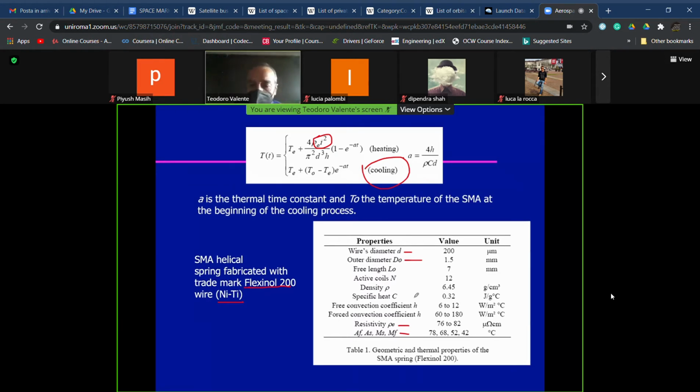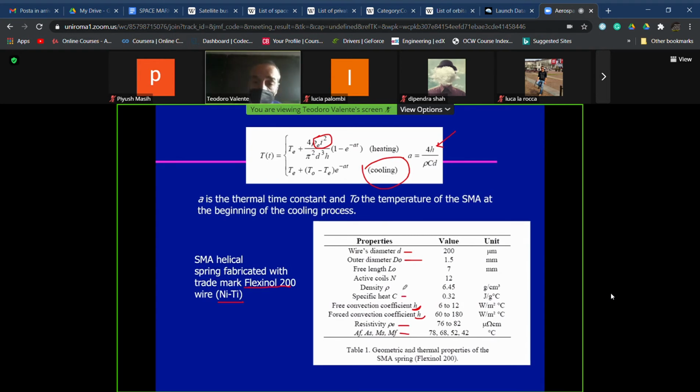And so you have a specific value of H in air, or, in the case in which you suppose forced convection, a more efficient cooling phenomenon happens, and also in this case the relative H coefficient, which is put here inside the thermal time constant A, is used.